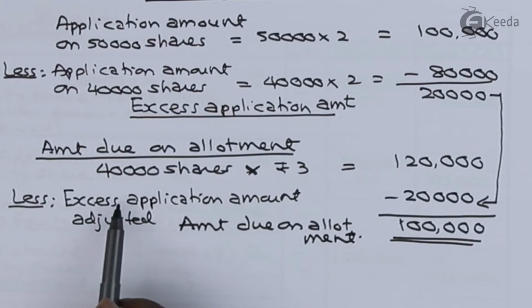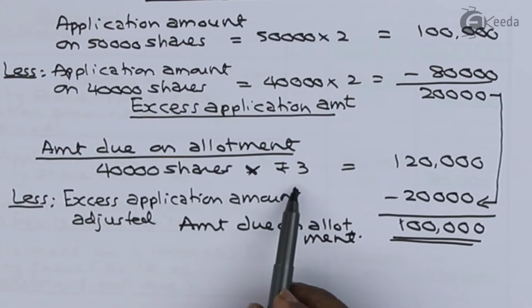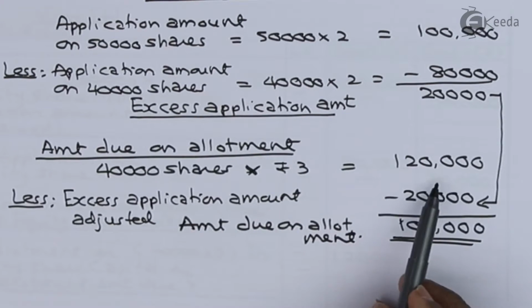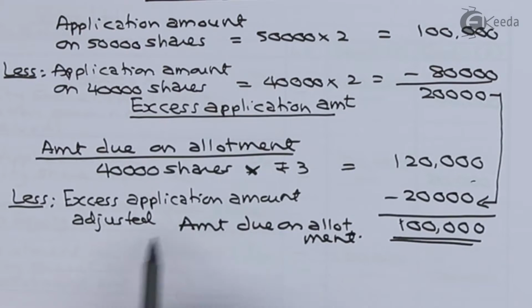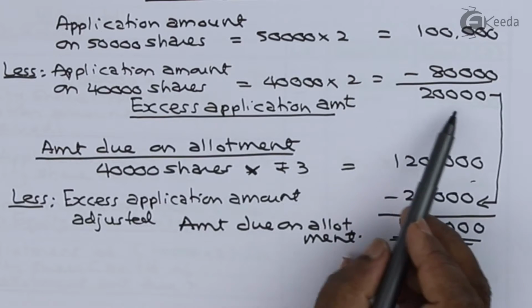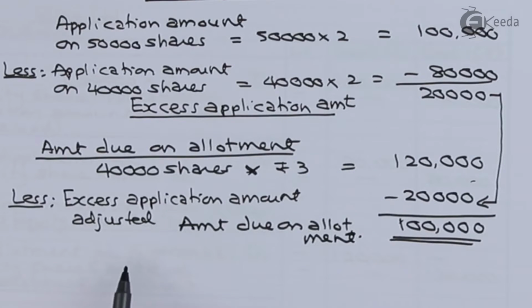Amount due on allotment on 40,000 allotted shares, per share 3 rupees, is 1,20,000. Less excess application amount adjusted, that is rupees 20,000. So the net amount due on allotment is rupees 1 lakh. This whole amount of 1 lakh has been paid by all shareholders.